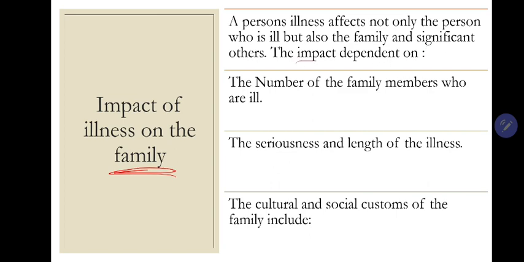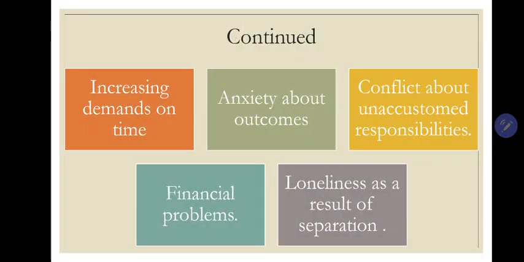The impact depends on, first, the number of family members who are ill; second, the seriousness and length of the illness; third, the cultural and social customs of the family, which include increasing demands on time, anxiety about the outcomes, conflict about unaccustomed responsibilities, financial problems, and loneliness as a result of separation.